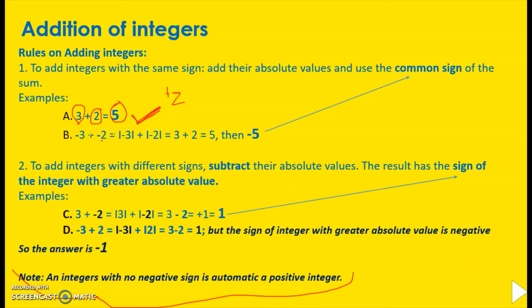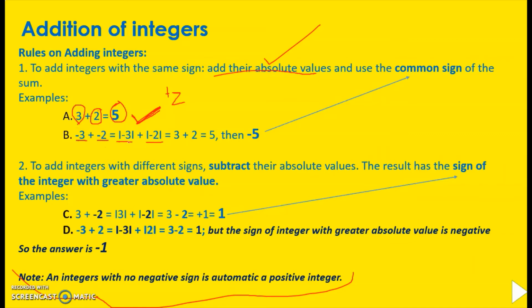Negative 3 plus negative 2 equals what? It says here we're going to add their absolute values. So we rewrite negative 3 as the absolute value of negative 3, and negative 2 as the absolute value of negative 2. This rule takes place because we take the absolute value of these two integers.